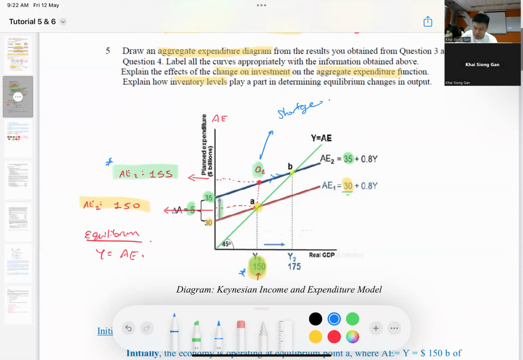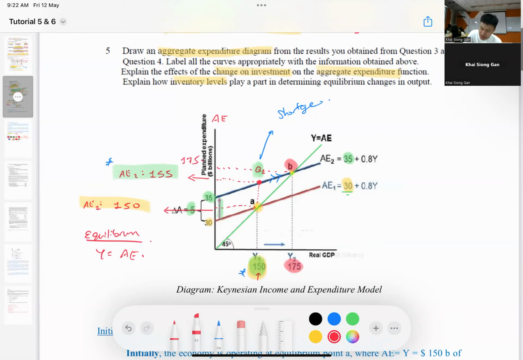So here it explains the movement along the curve itself, from this point A1 moving to this point B over here, in which at the end it ends up at a new real GDP, which is 175, and also at the same level of aggregate expenditure, which is 175.